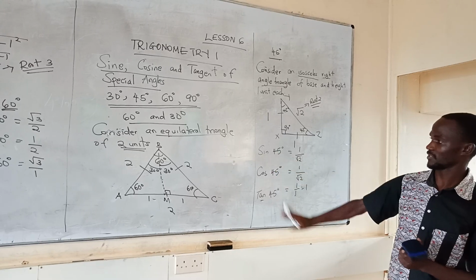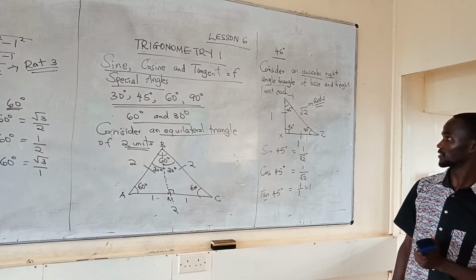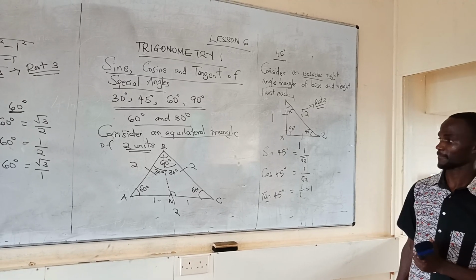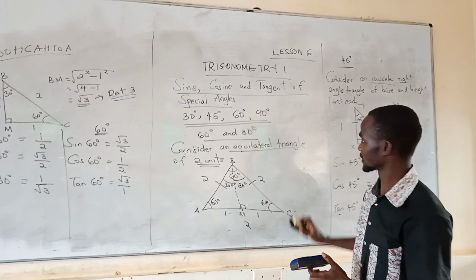So basically, these are the trigonometric ratios of the special angle 45 degrees.